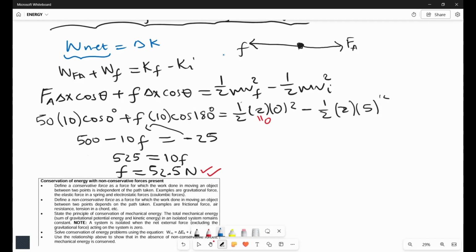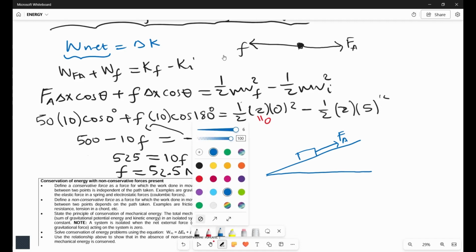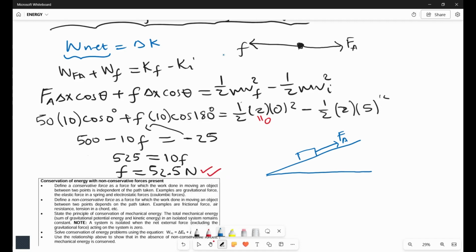On an incline, remember, we have something like this. Let's say we have our applied force, and let's say our slope is frictionless, so there is no friction. Then we have Fg going down, and the normal force perpendicular to our object.